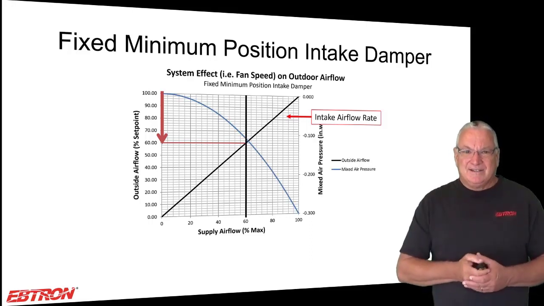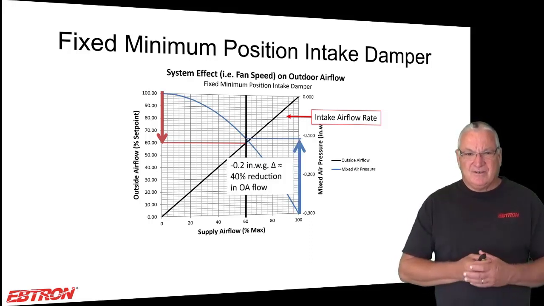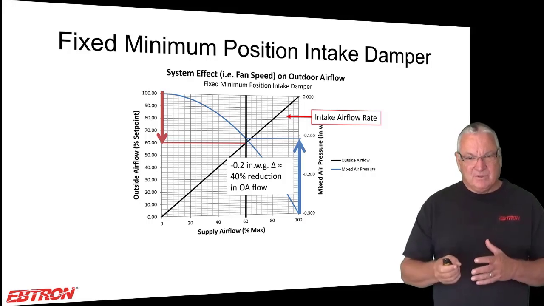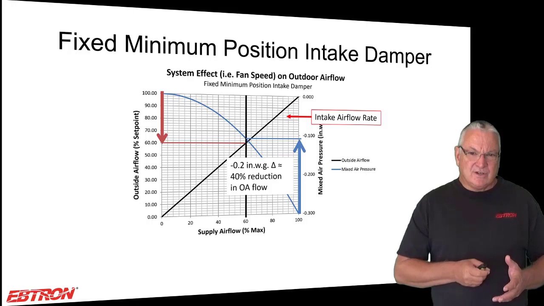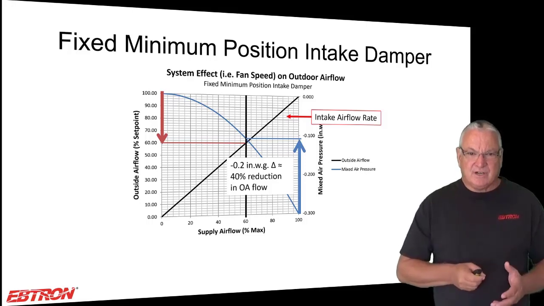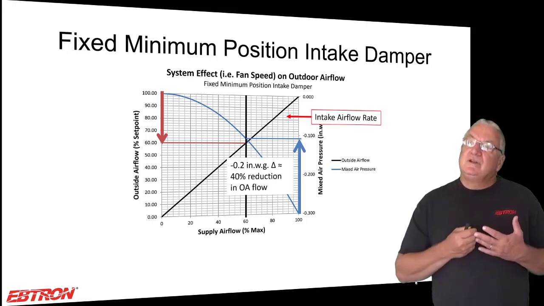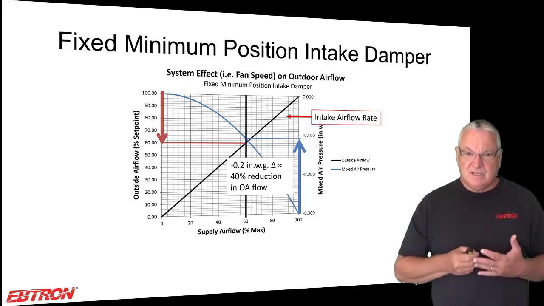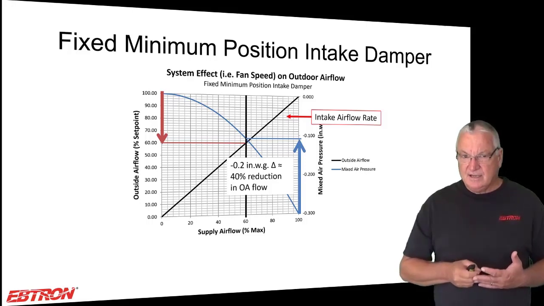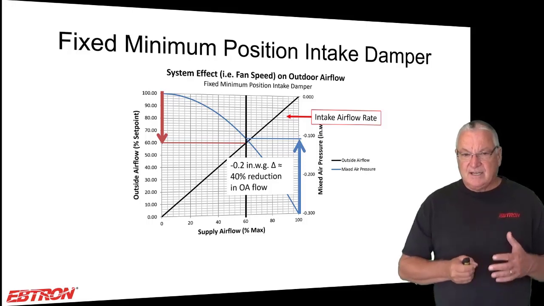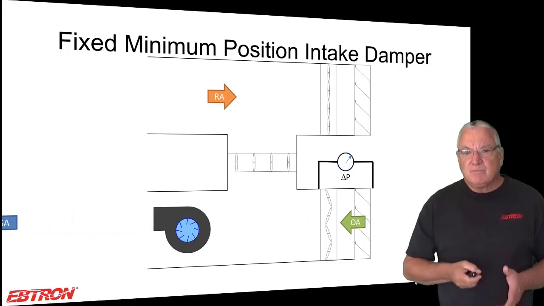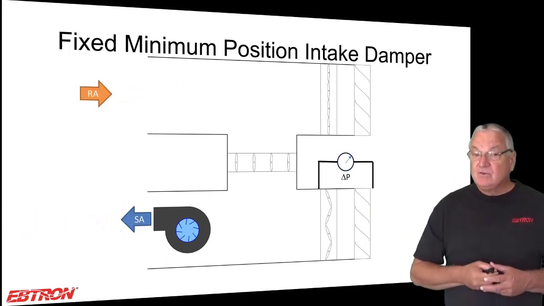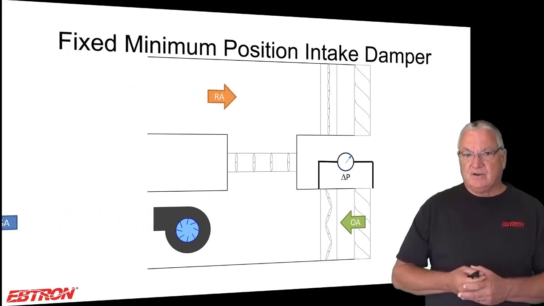In this example, a 2/10 of an inch change in pressure resulted in a 40% change in airflow. And the reason that we do this example is not because folks don't understand that supply flow changes affect intake flow changes. It's because we want to look at what else might cause a problem that I don't think enough people do look at.